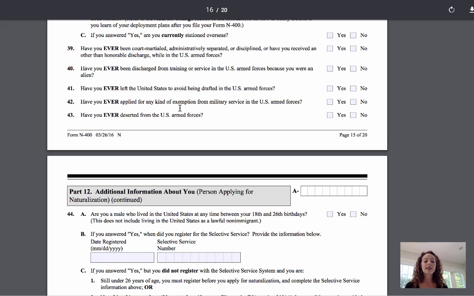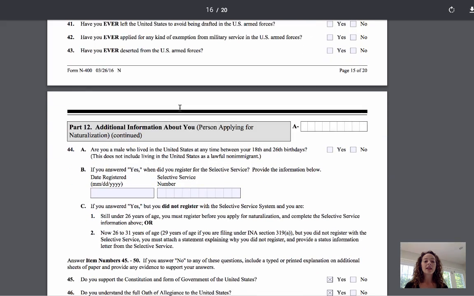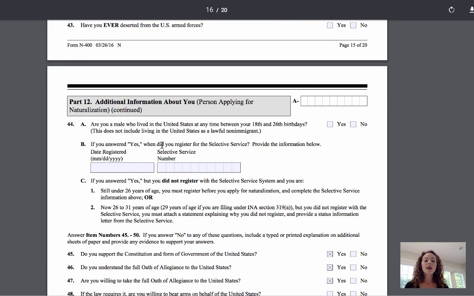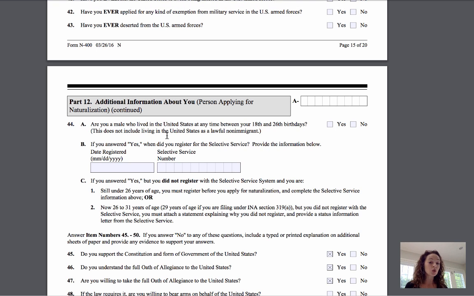Number 44, are you a male who lived in the United States at any time between your 18th and 26th birthdays? Okay, this is very important because they often ask for a selective service letter.